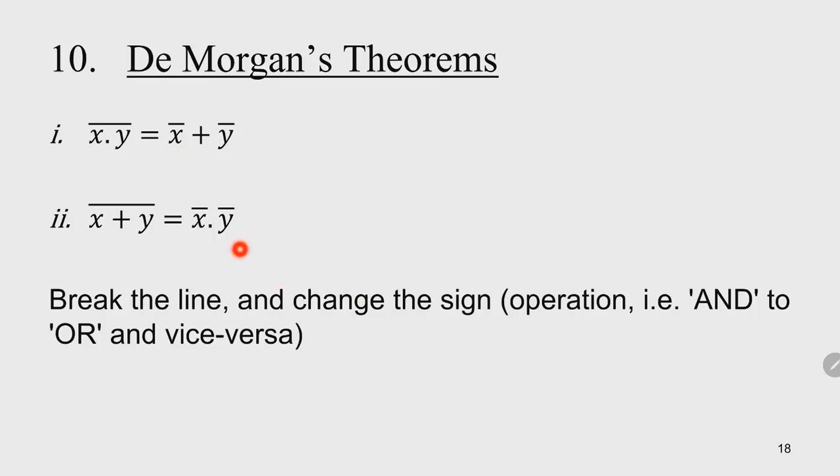There are two laws. One governs NAND, and the other governs NOR. For NOR, the result equals the inverse of x AND the inverse of y.